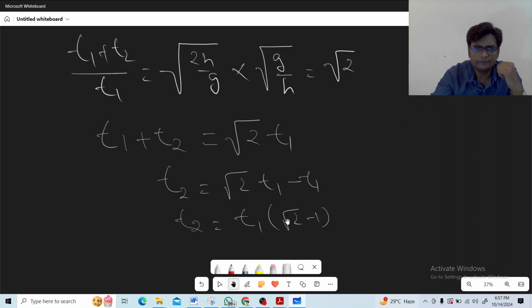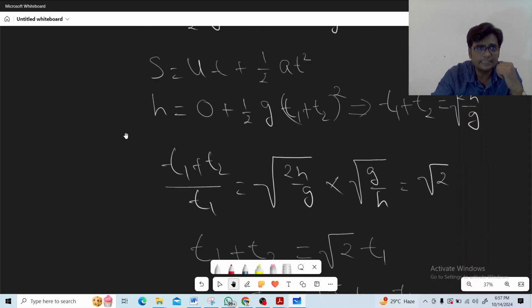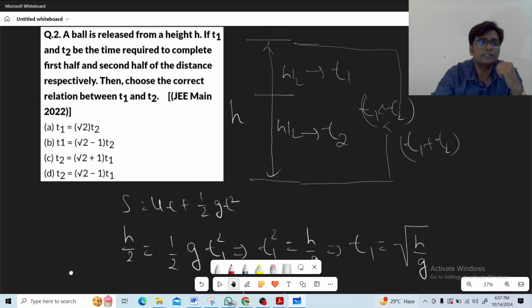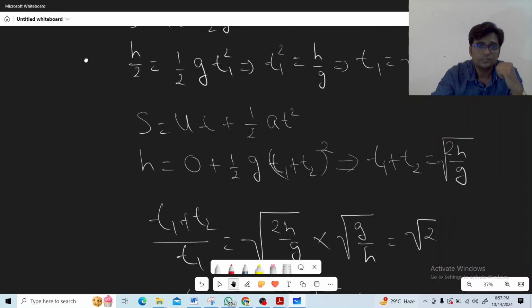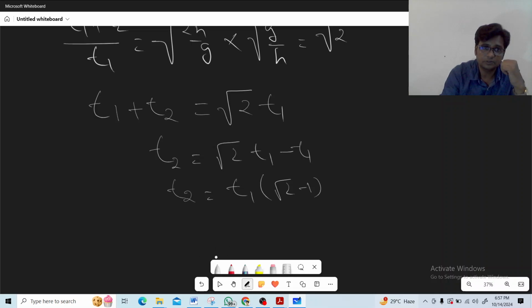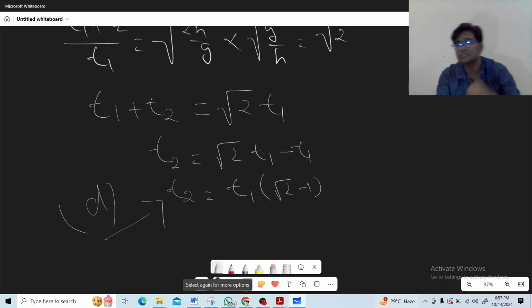So I think that it will match some of your options, and the option is t2 is equal to (root 2 minus 1) t1. That's option D. So your answer is option number D, that is t2 equal to t1 (root 2 minus 1).